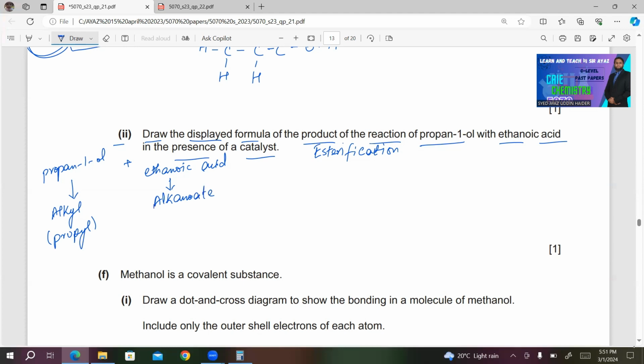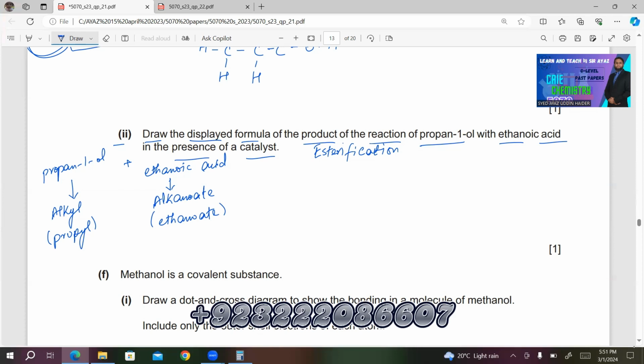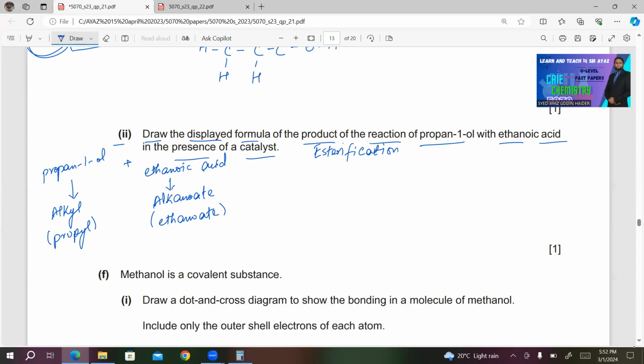And in this case, it must be ethanoate. So propyl, there must be 3 carbon atoms. What you need to do? You simply need to exclude the OH. So this one is the propane 1-ol. 1, 2, 3. These all are hydrogen. And this one is OH.